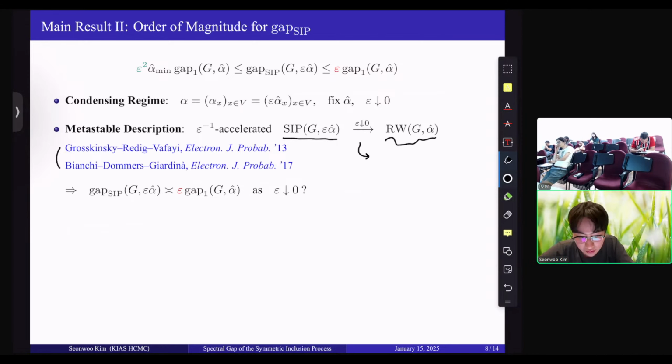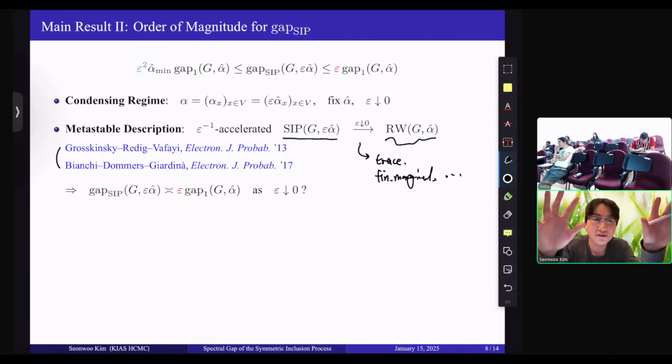So this convergence can be stated in different ways. It can be the trace convergence or finite dimensional marginals, etc. There are many ways, but this is not important today, so I'll skip. Roughly, the convergence of the process itself does not immediately give the convergence of the gap because they are quite different objects.